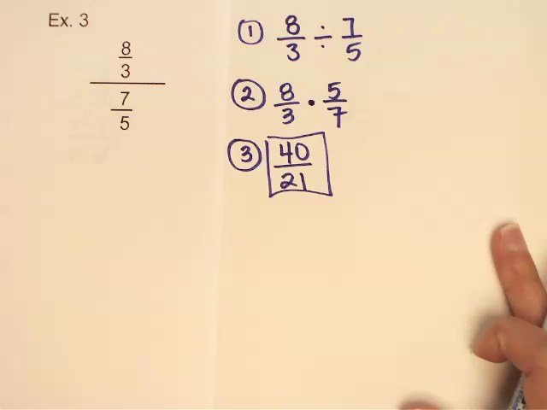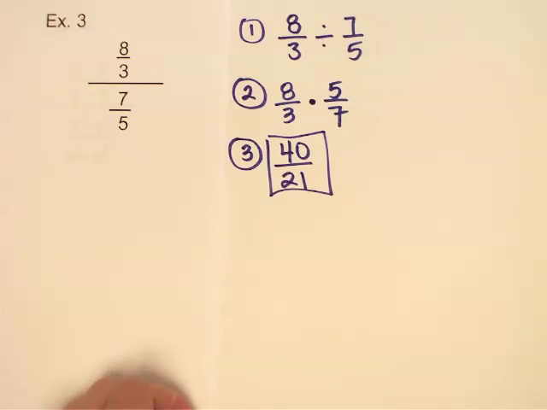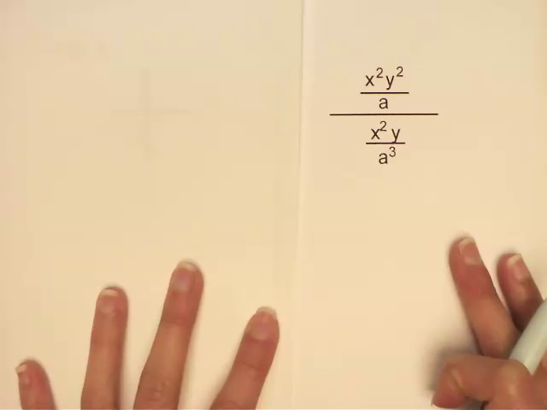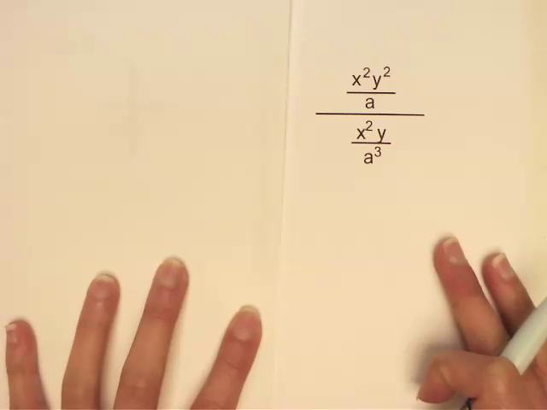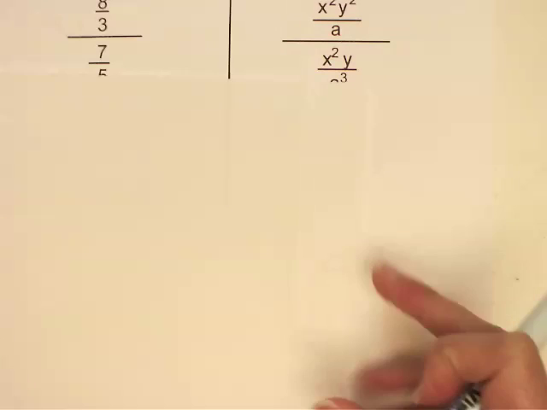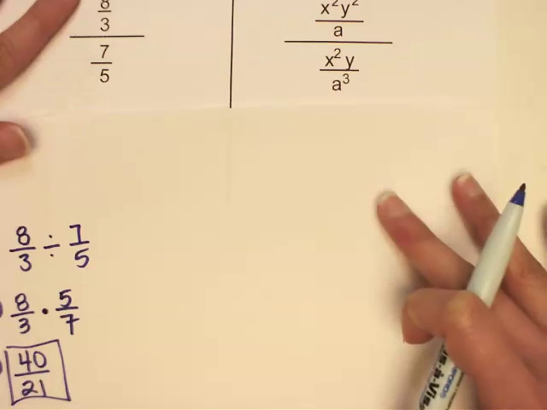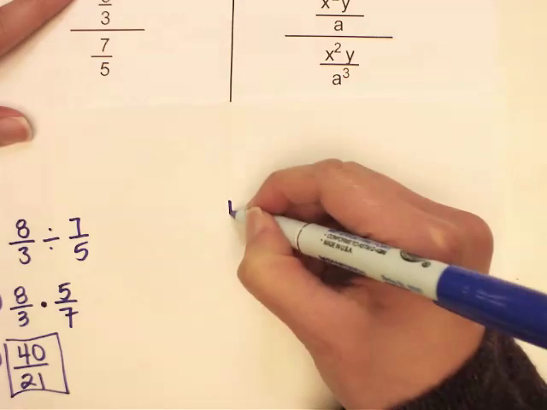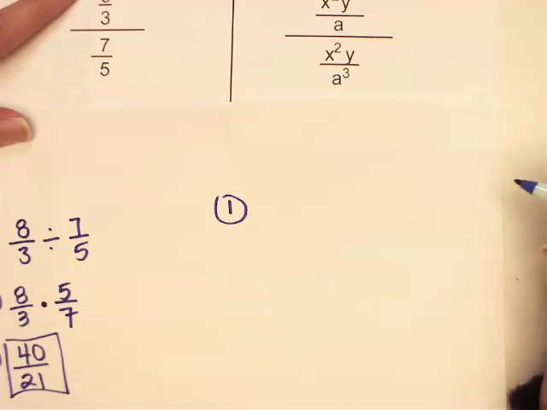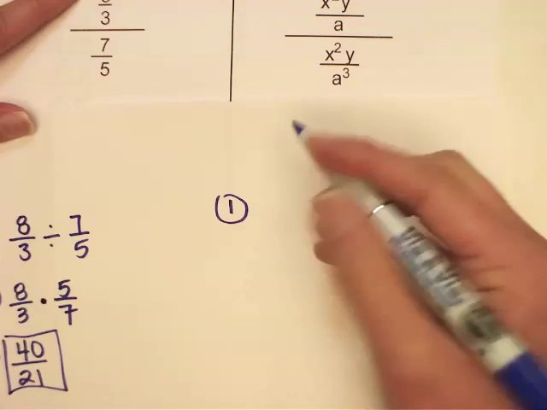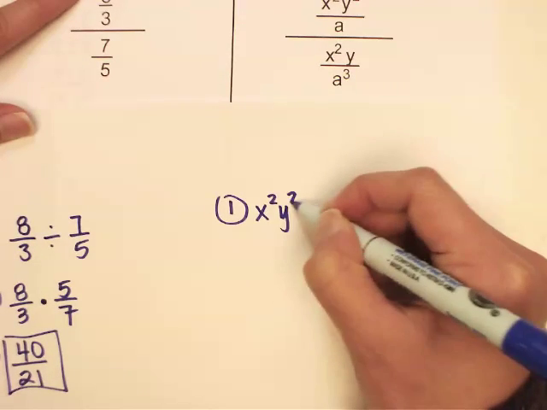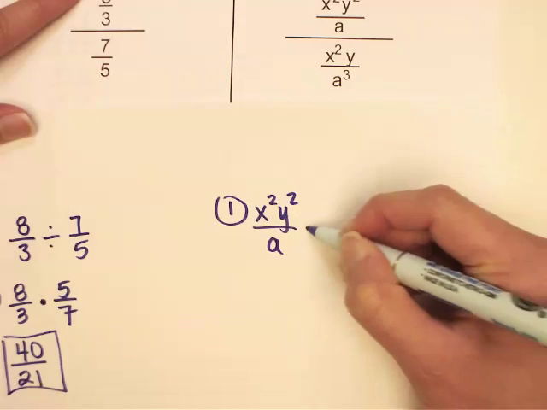We can apply those same steps to simplifying something that looks like this. When we have x squared y squared over a divided by x squared y over a to the third, our step 1 is to rewrite it as a division problem going across. So we can go ahead and rewrite it as so.